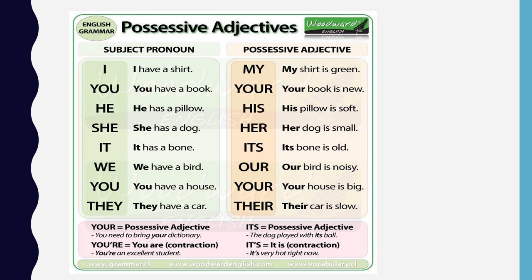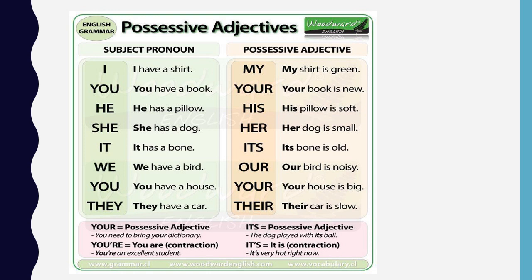These are usually the subjects of the sentence: I, you, he, she, it, we, you, or they. And then when we talk about possession, we might use possessive adjectives like my, your, his, her, its, our, your, and their.